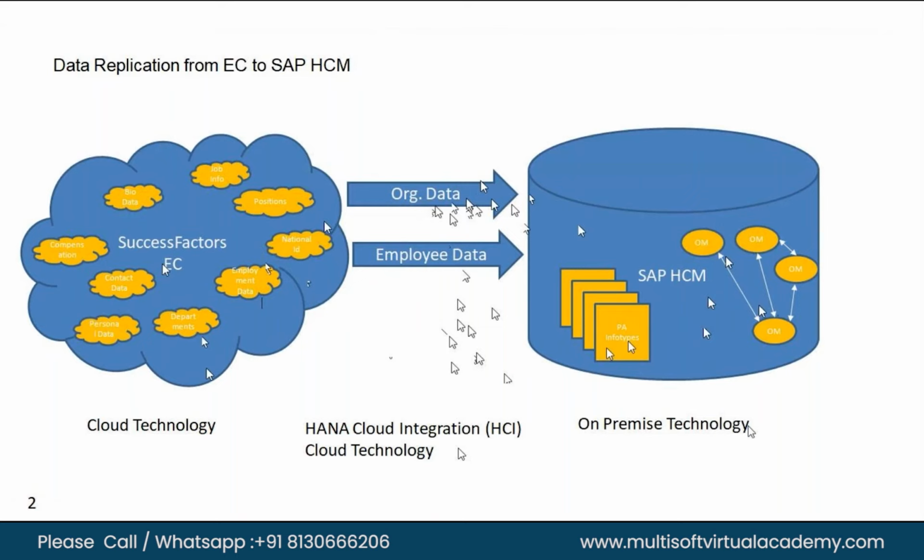Muralidhar, can I ask a question? Yeah. Let's say we are using CPI as the middleware. We have said that first we need to push organizational objects via CPI, second employee objects via CPI, and third the associations replication will be done via CPI, right?